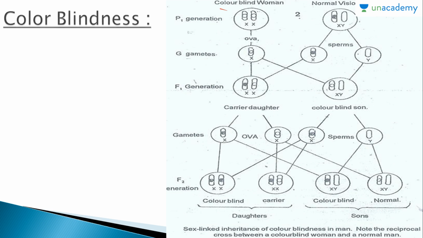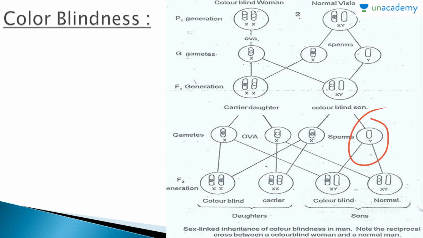This is a carrier woman, a daughter from the cross observed in the previous cross. Here the gametes were formed from the parents of the F1 generation, X and X, X and Y.